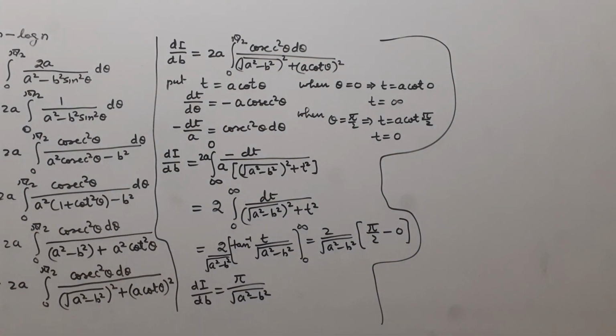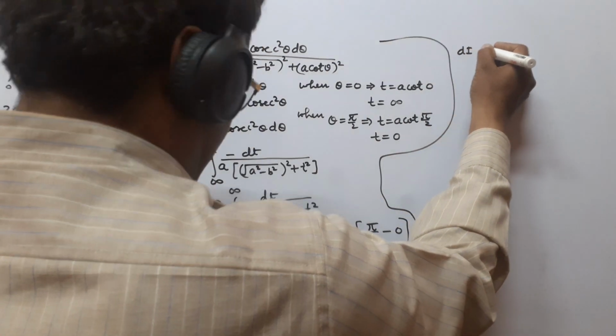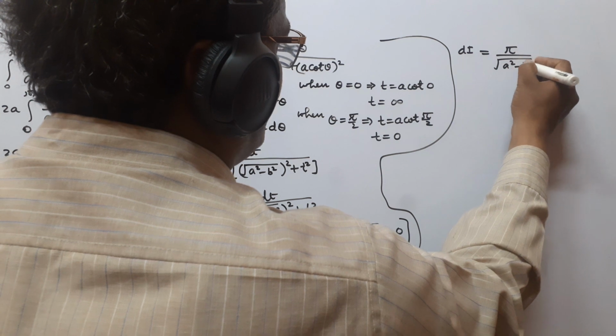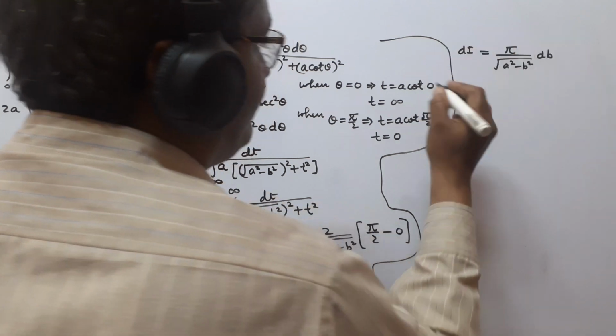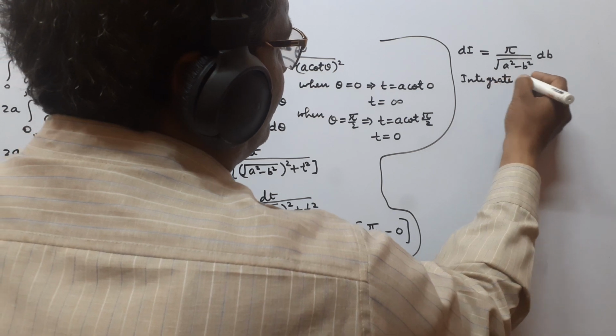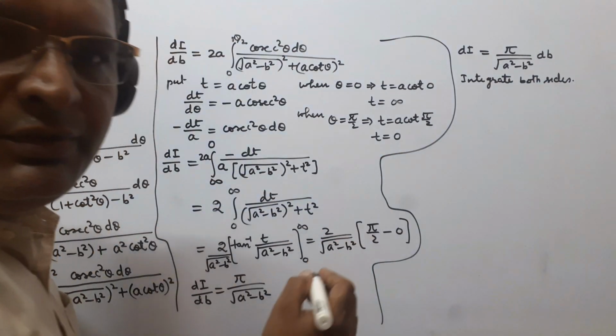Now we get dI upon db is equal to pi upon under root a square minus b square. Now dI can be written as pi upon under root a square minus b square db. Now integrate both sides.